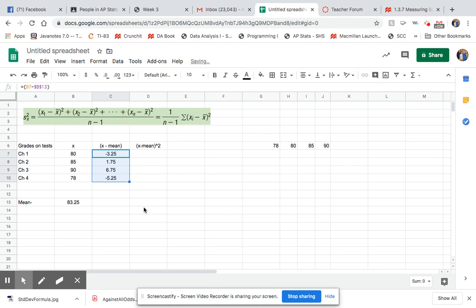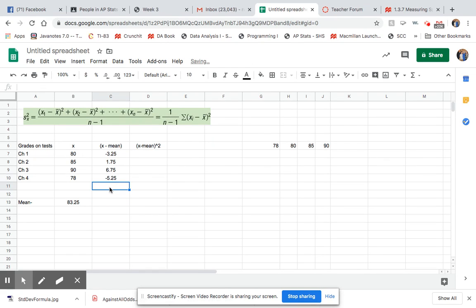Okay, now I'm just going to do a quick check here. So I'm going to do a summation of what those numbers add to. So I'm going to do a sum, drag those up here, hit enter, and notice I get 0. I always get 0, because there's some below the mean and some above the mean when you're calculating, that's why I square the values so I have something to work with.